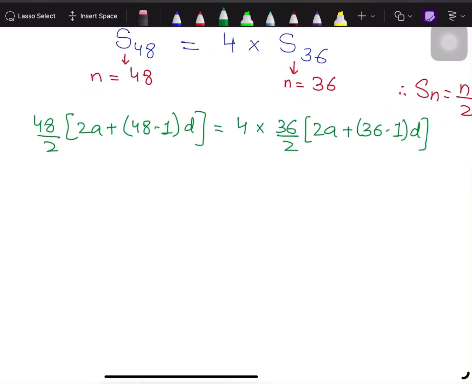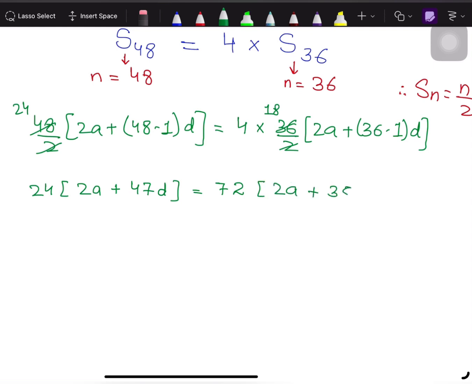We can do the cancellation between 2 and 48, it becomes 24, and inside the bracket 48 minus 1 would be 47d. Here I can cancel 2 with 36, which gives 18, and 18 times 4 gives me 72, and inside the bracket 2a plus 35d.